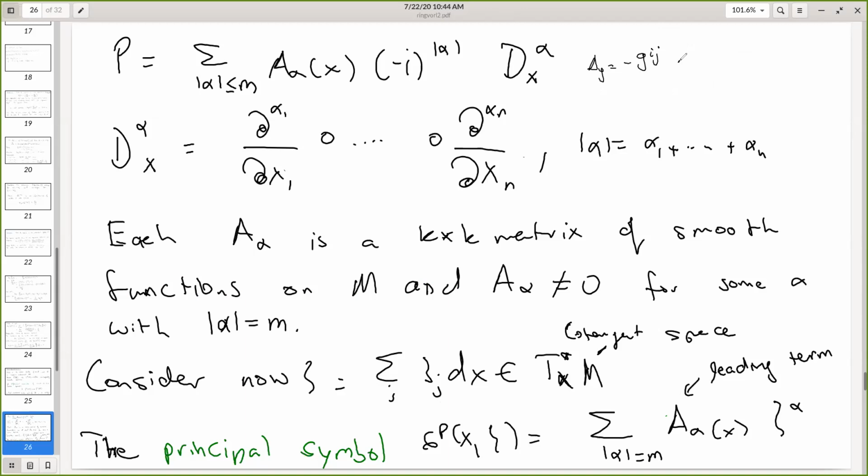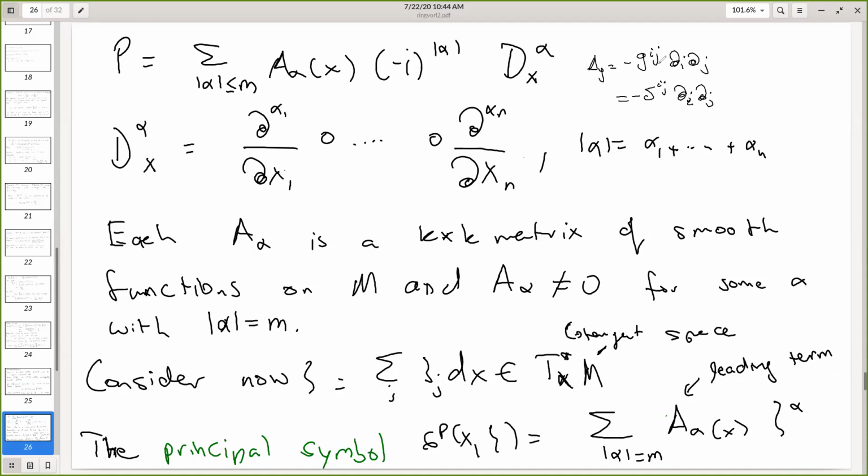Let's even make it more simple: minus delta_ij d_i d_j, where delta is the Kronecker delta, 1, 0, 0, 0, 1, 0, and 0, 0, 1. So what is the principal symbol here? The principal symbol would be just delta_ij psi_i psi_j.